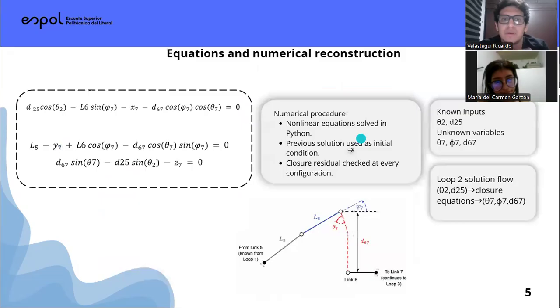Equation and numerical reconstruction. After defining the kinematic model, we solve the geometric constraints of loop 2, the RPSPU loop, using theta2 and D25 as inputs. The unknown variables, theta7, phi7, and D67, were obtained by solving the nonlinear closure equation numerically in Python, and the closure residual was then evaluated to verify the consistency of the solution.